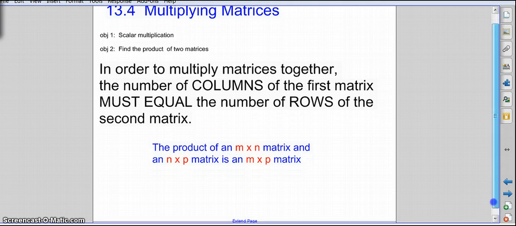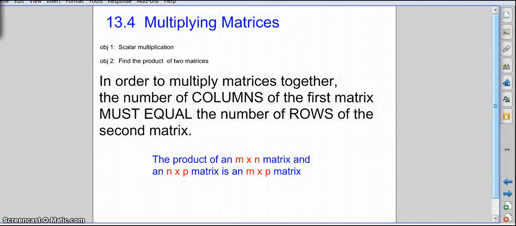I know all these variables tend to make it confusing, so let's see if I can help you understand that a little bit better. All right, so we have m rows and n columns. Here we have n rows and p columns.